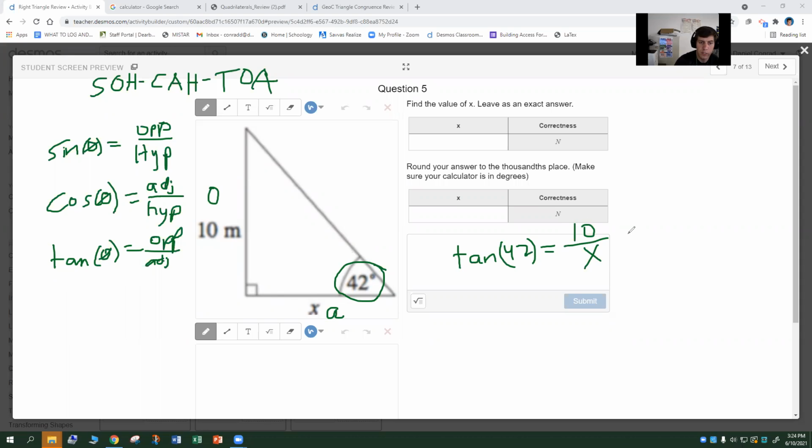So we want to multiply both sides by whatever's in the denominator. We're trying to get x by itself. Okay, that's going to give us x times tangent 42 equals 10. And then we can divide both sides by tangent of 42.